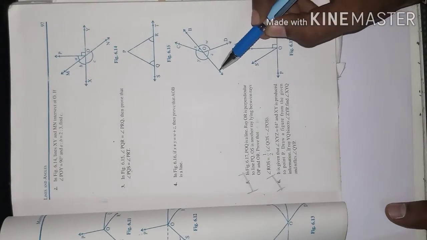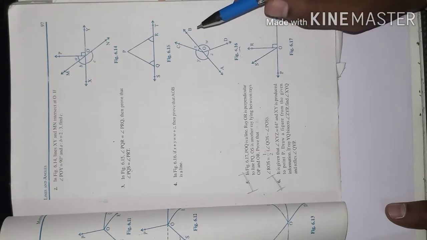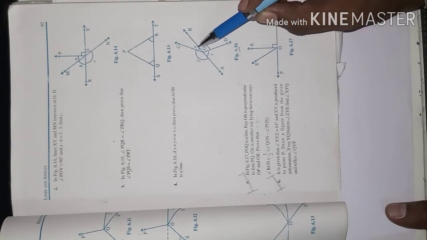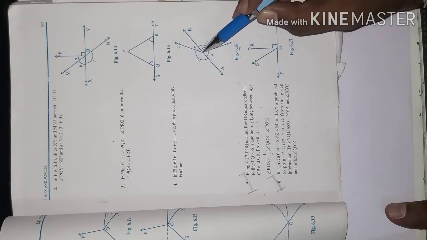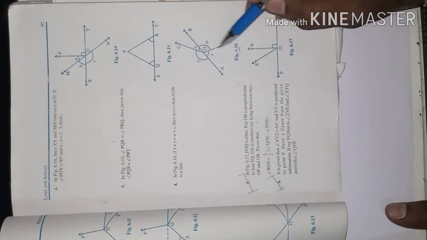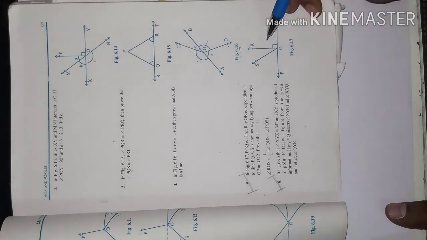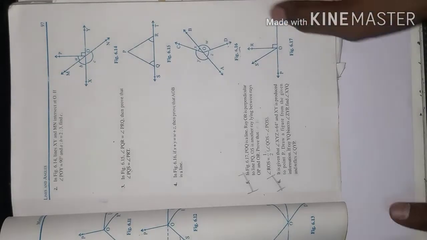They gave the angles here: BOC is x, COA is y, AOD is z, and BOD is w. Let us see what it says.